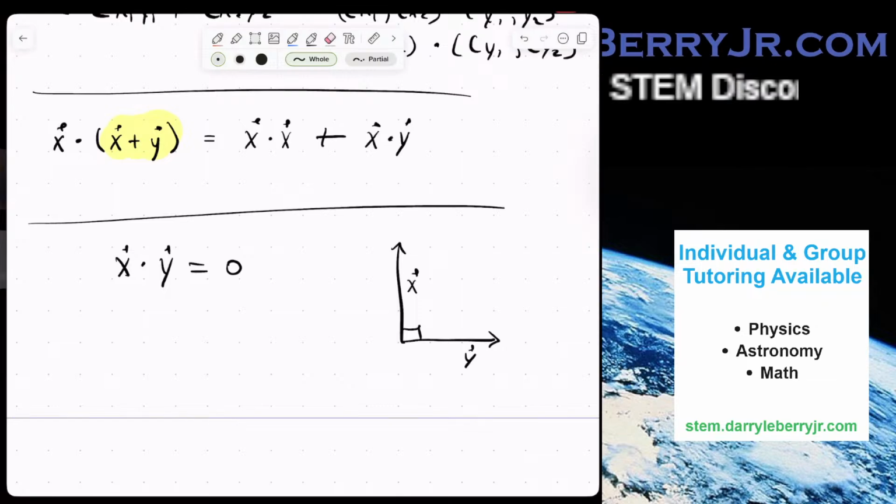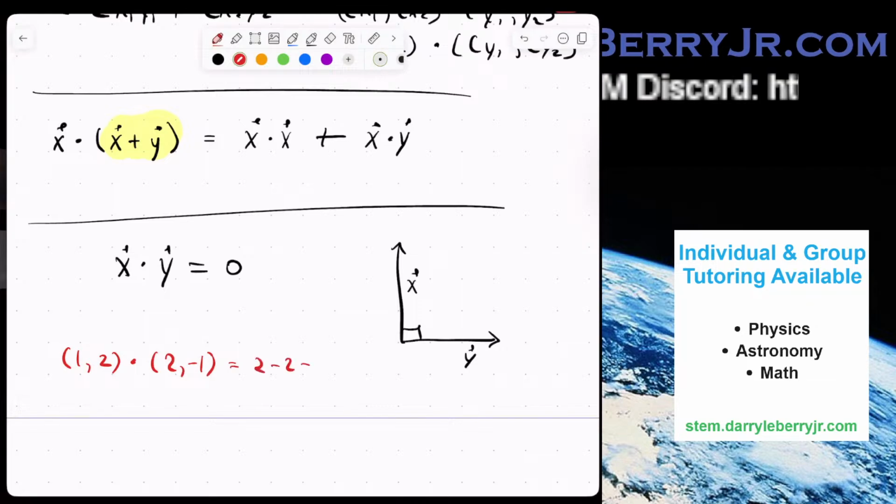So it's kind of like 1, 2 dot product 2, negative 1. So now you're going to have 2 minus 2, so it's going to be 0. So that seems to be where that comes from, because the normal is the absolute flop. And it's also the other line, and you're dot producting those two things. The numbers are swapped and one sign is swapped, so it's going to cancel each other out, which is easy enough.